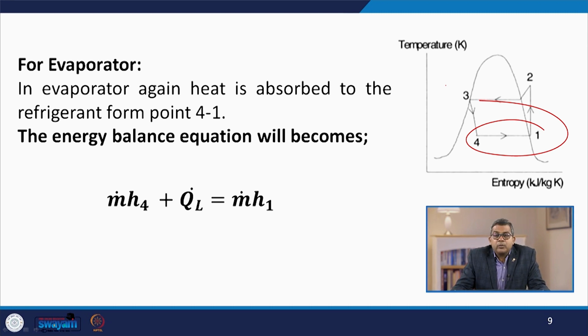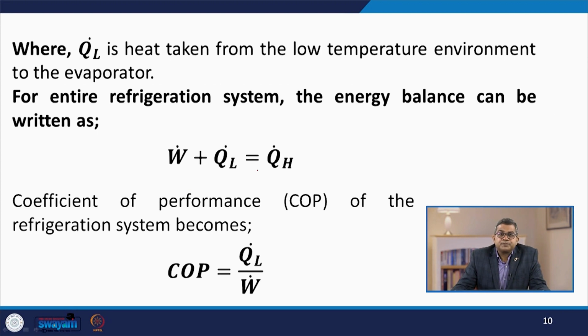The energy balance equation is mH4 plus QL is equal to mH1. Here QL is the heat taken from the low temperature environment to the evaporator.